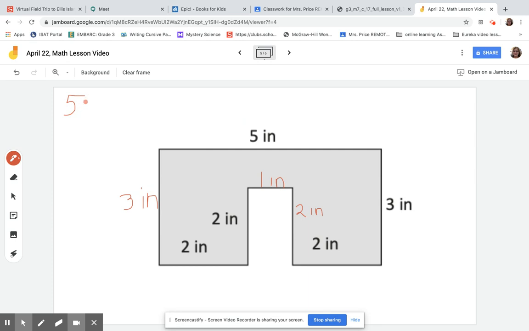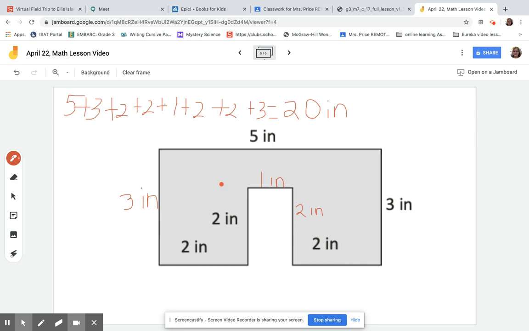So it's going to be 5 plus 3 plus 2 plus 2 plus 1 plus 2 plus 2 plus 3 equals, okay, so let's add that up. 5 plus 3 is 8, plus 2 more is 10, plus 2 more is 12, plus 1 is 13, plus 2 is 15, plus 2 is 17, plus 3 would be 20. 17 plus 3 is 20 inches.